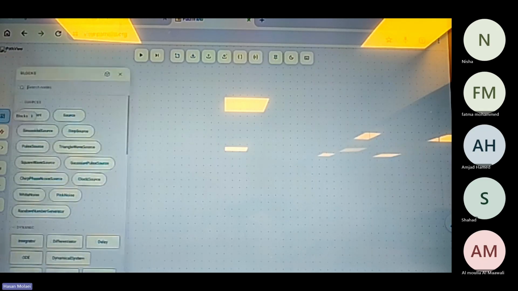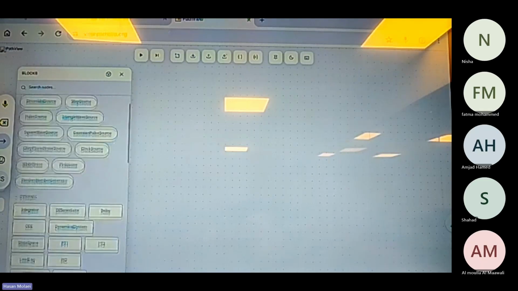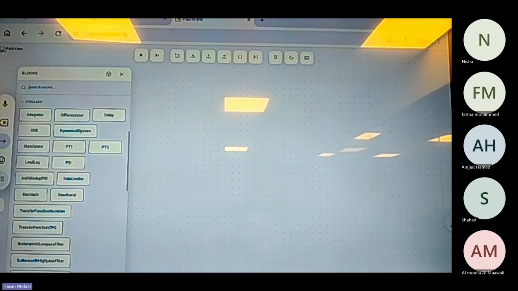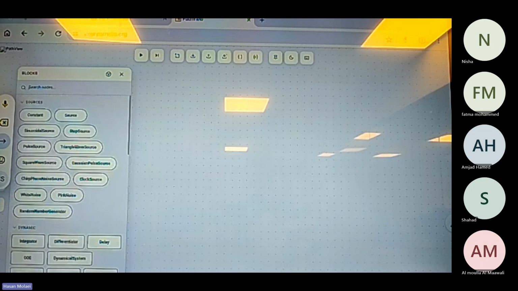Let's see what it has. It has some sources that you can use, like constant, and it has some transfer function blocks and some algebraic blocks we can use to become more familiar with signal analysis. Do you have your tablets here? I think you can try this with me, even with your phone.